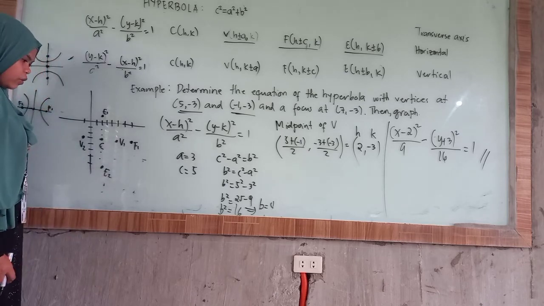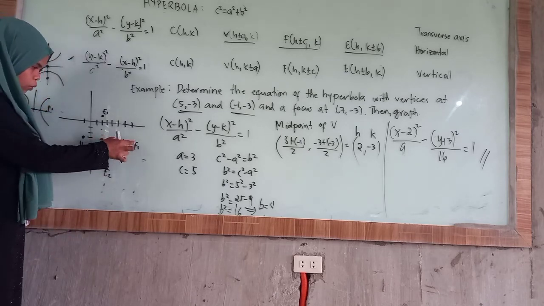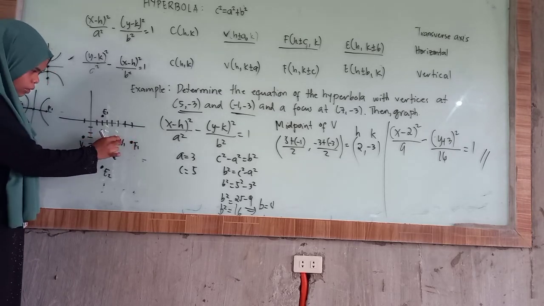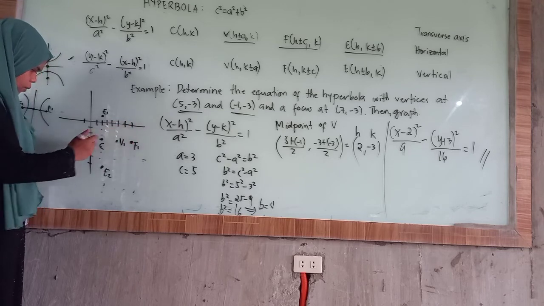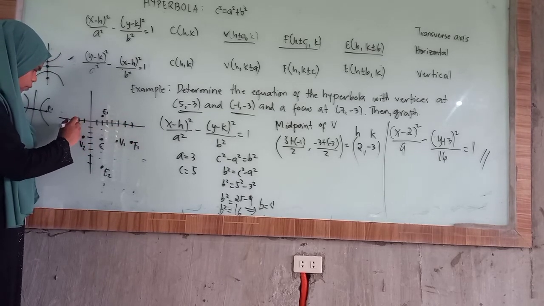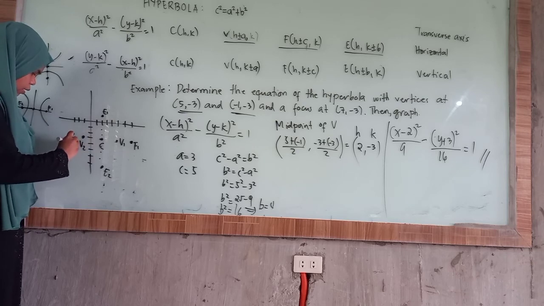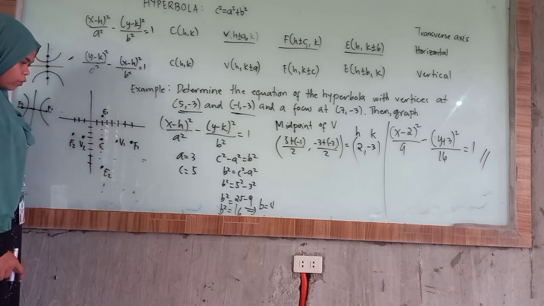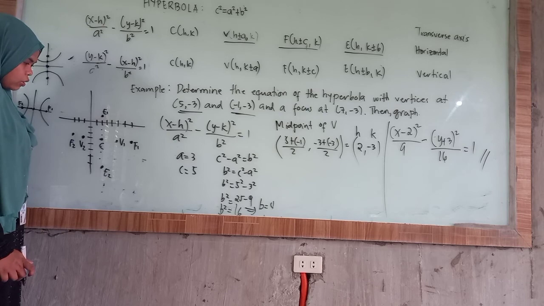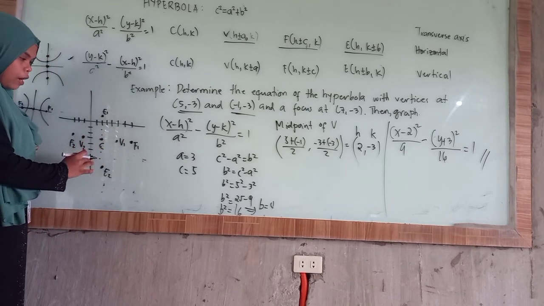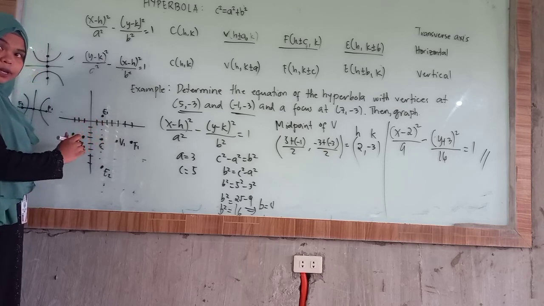So, paano naman yung F2? So, kung yung distance dito, equal din dapat dito. So, that is 2 units away, no? So, I have to move 2 units papunta dito sa left. So, that is my F2. So, how you are going to sketch your graph? So, for example, dapat kasi yung curve ng hyperbola mo, doon siya dumaan sa vertex.